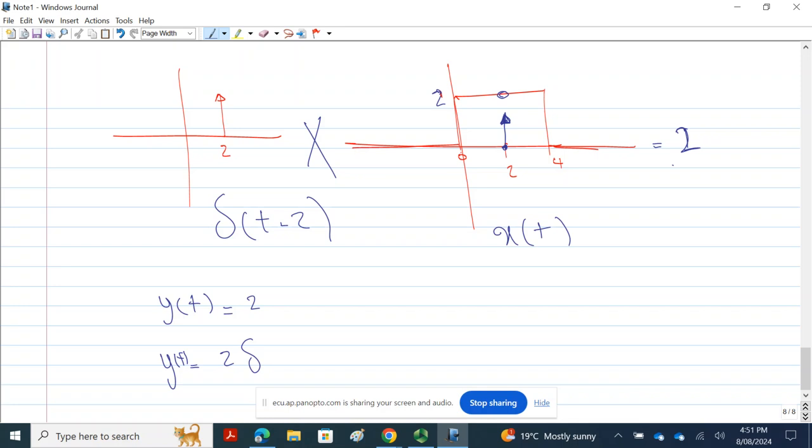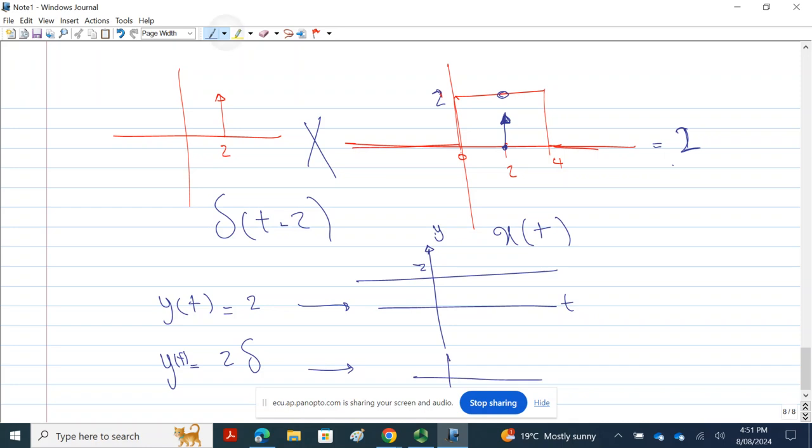So for all the time, for this one, I'm talking about this. That's t. That's my y. All the time, it's 2. But when I'm talking about sampling, I need a point. That's why it's called sampling. While 2 times delta is this.